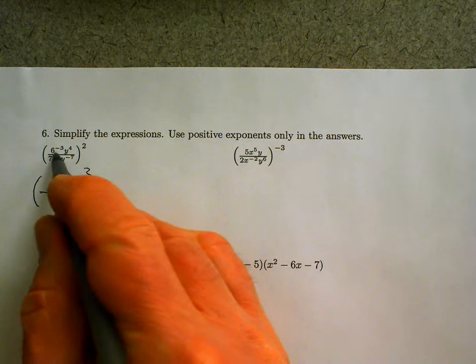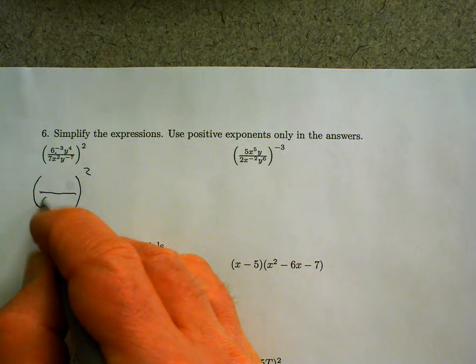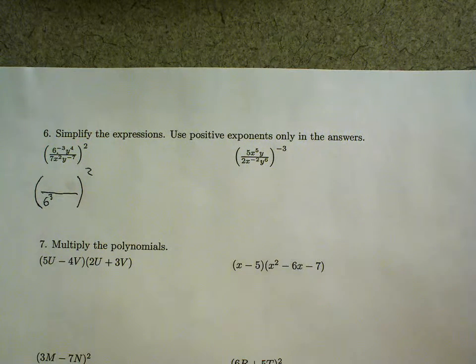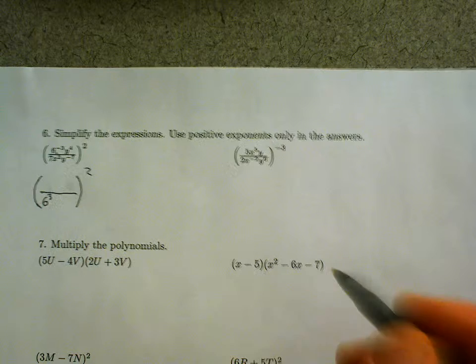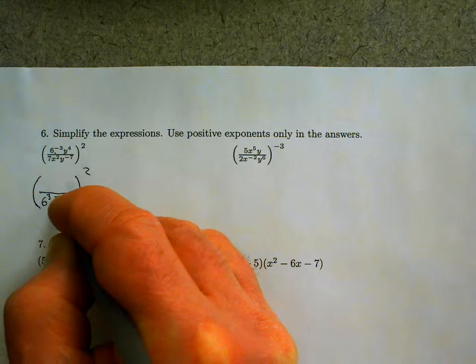So 6 to the -3 in the numerator is equivalent to 6 to the +3 in the denominator. And we also have a factor of 7 in the denominator.